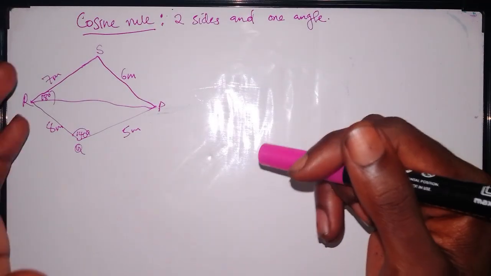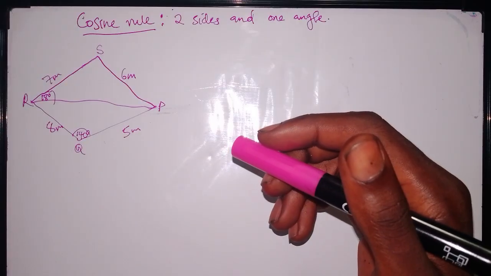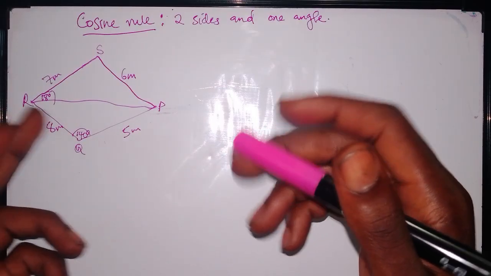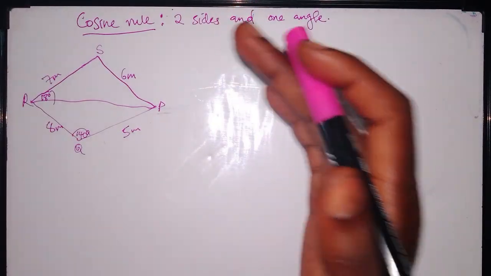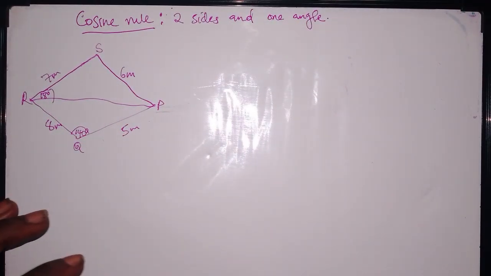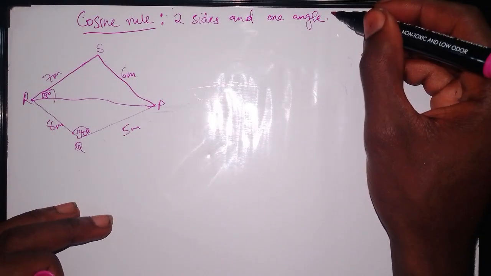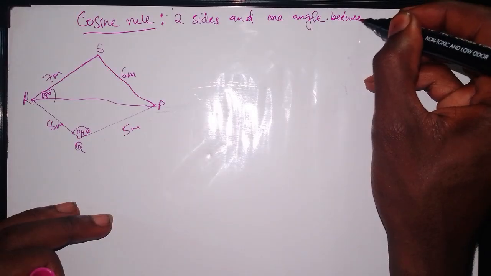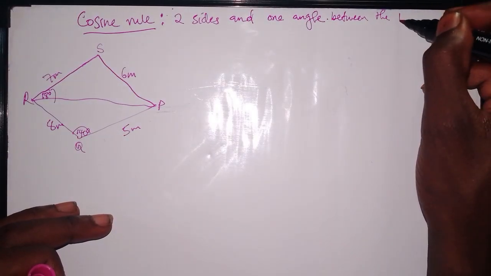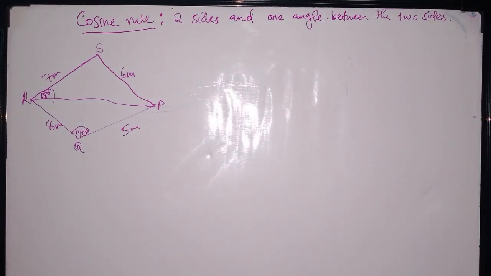So for you to use the cosine rule, say they tell you to find the length of RP. This is what I'm saying: we have two sides and an angle between the two sides. Always, the angle must be between the two sides.